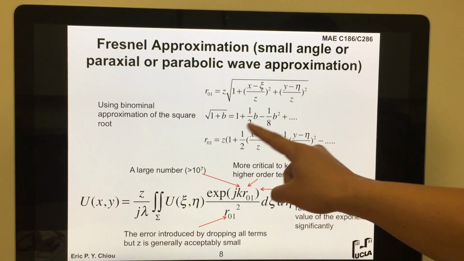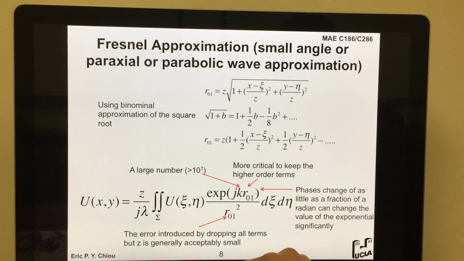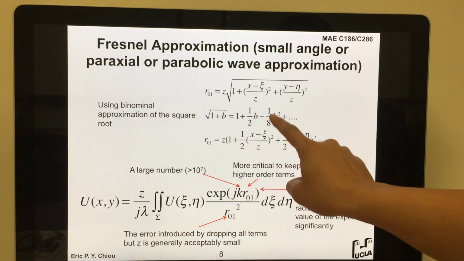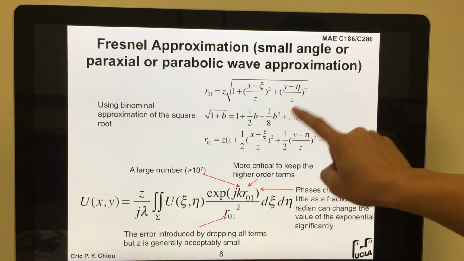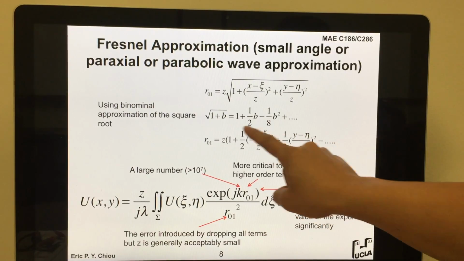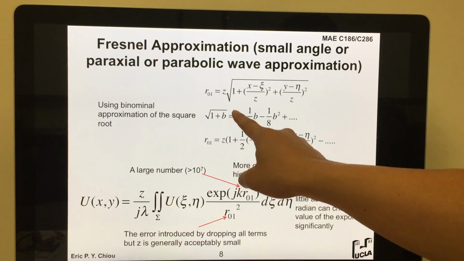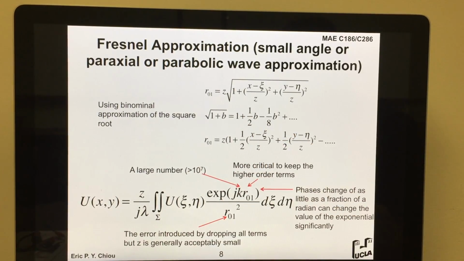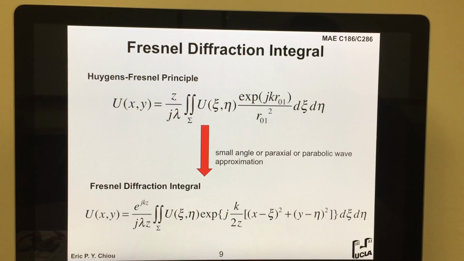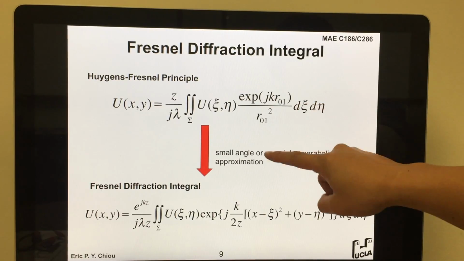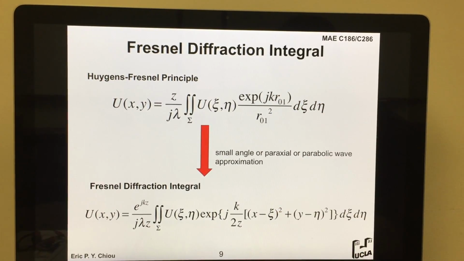That's the first approximation we have. We expand R01 and express it with these first two terms, and with that approximation we can get to a form like this, converted from here to here.